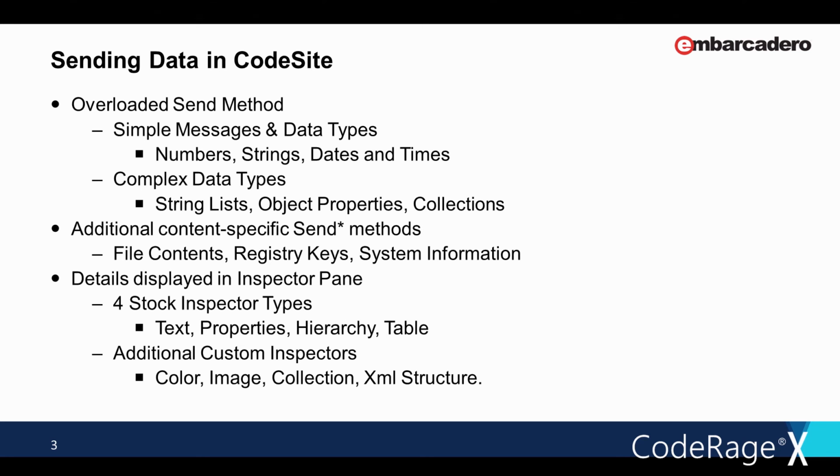There's also the ability to have custom inspectors, which are enhanced advanced displays like the collection inspector, the XML structure pane display, the color and image inspectors as well are very customizable. But in this session we're really focused on these four stock inspectors and how we can leverage those to provide some additional display capabilities.